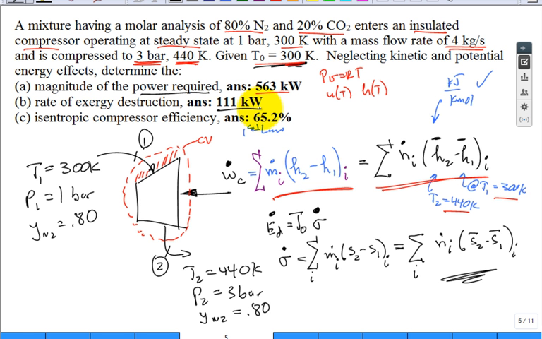All right, part C, isentropic compressor efficiency. Okay, how do you calculate the isentropic compressor efficiency? Isn't that the symbol for it? And isn't it the ratio of some W dots divided by W dots, where it can't be over 100%. The maximum would be 100%.